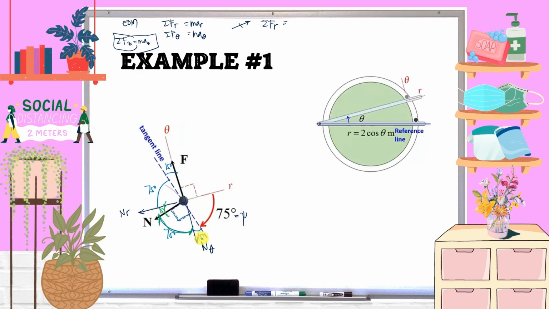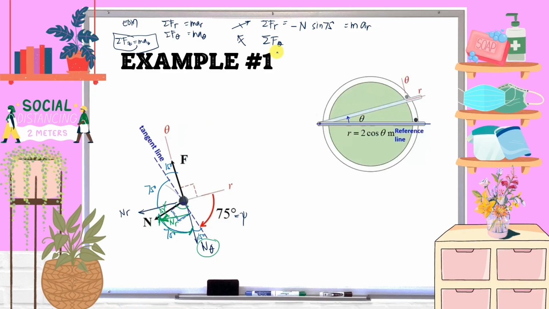Why? We have here the n sub theta, and if you reflect this one, we will be able to see that this will be n sub r, which is opposite to the angle that we will use, which is 75 degrees. So the summation of force along the radial axis will be, since we established that inclined upward to the right is positive, negative n sine 75 degrees, which equals mass times acceleration along the radial.